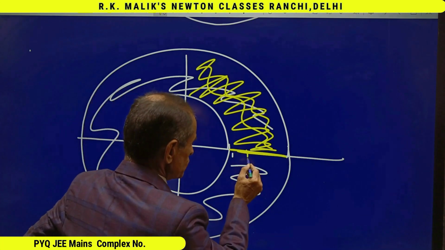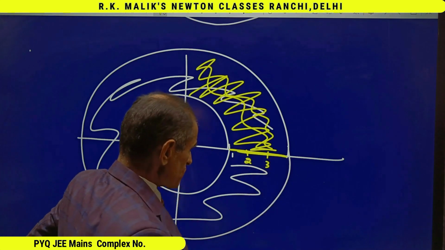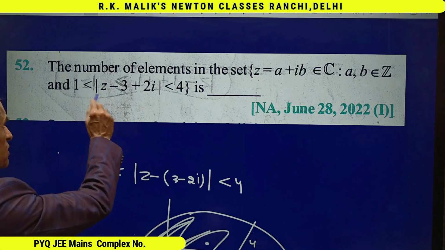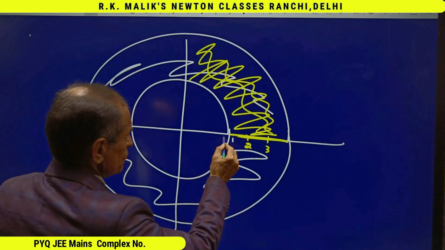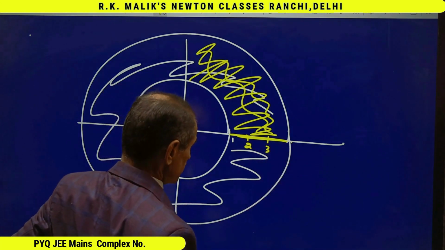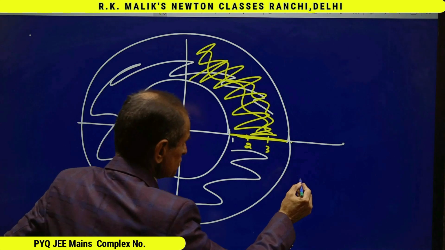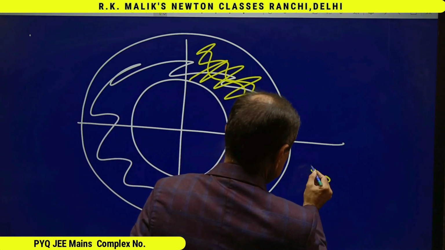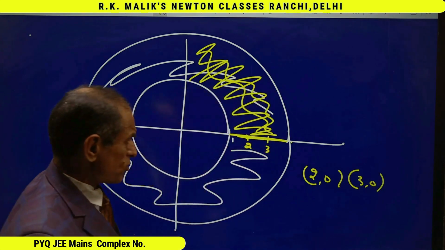Clearly this is 2, 3 and 4, but because equality is absent at both the places, 1 and 4 will be rejected. One integral point of this region is (2, 0) and (3, 0).